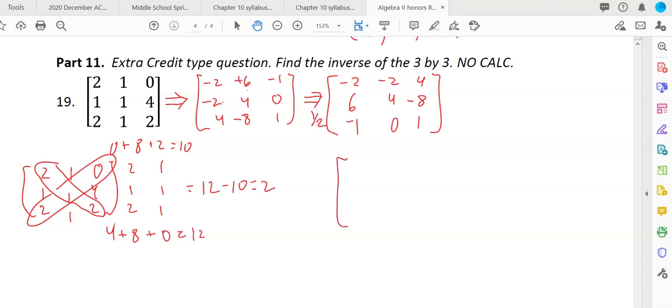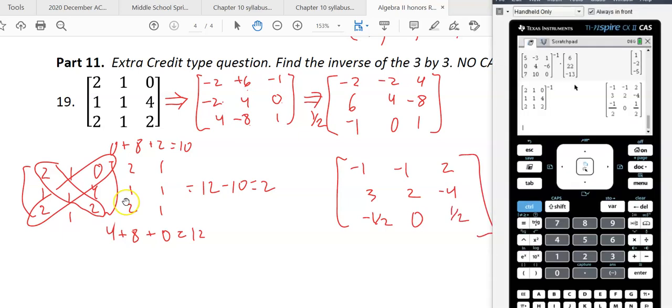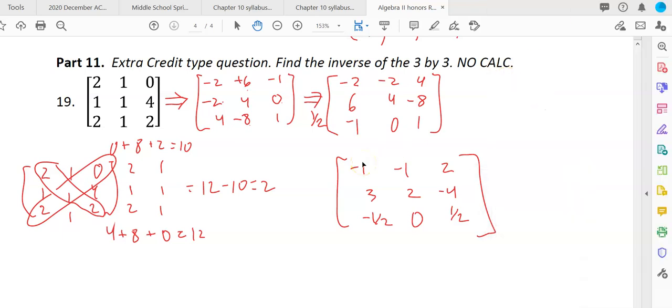So my final answer should be -1, -1, 2, 3, -1/2, 0, and 1/2. And I just checked with the calculator. Unfortunately, in tests, you can't do that, but you could check by hand. So you want to be sure you get it.